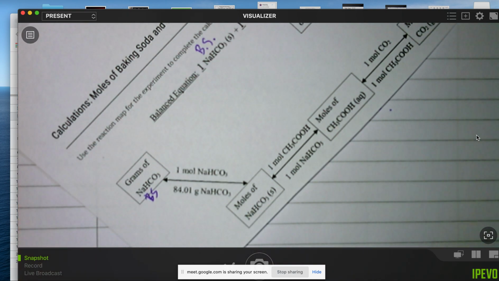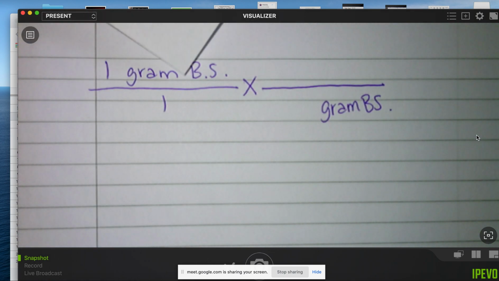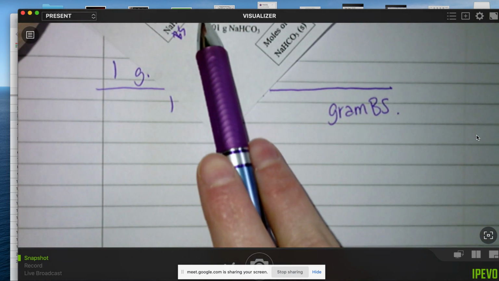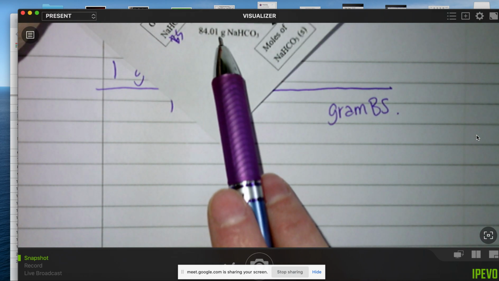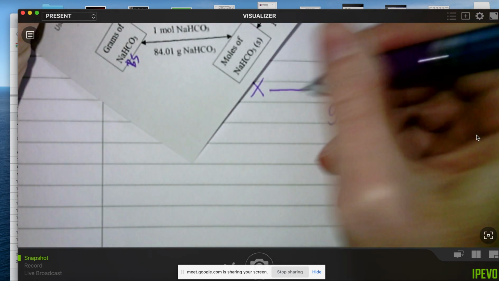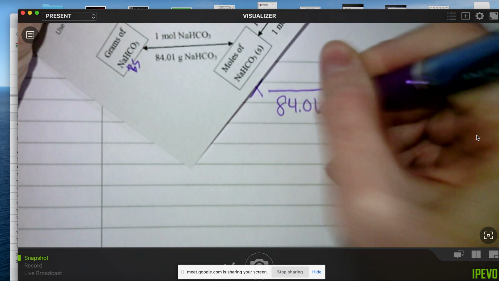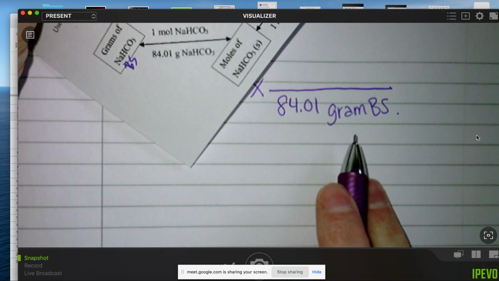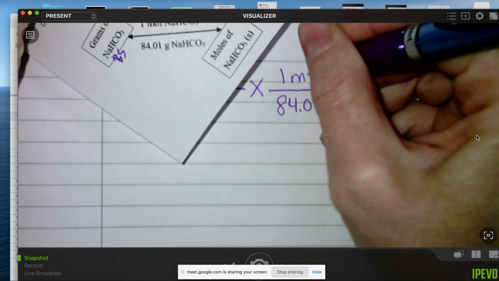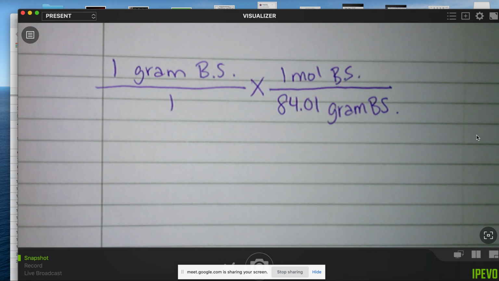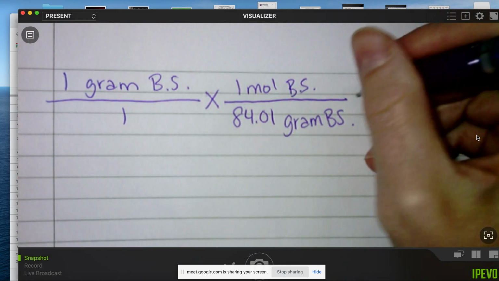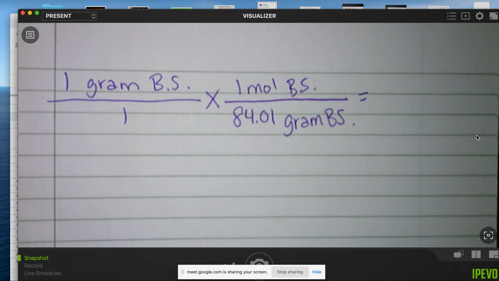This is something we should know how to do, because this is what we were assessed on a couple weeks ago. According to this, 1 mole of baking soda is equal to 84.01 grams of baking soda. So I'm going to put the 84.01 next to the grams, and then the 1 mole of baking soda up top. And then that's just equal.